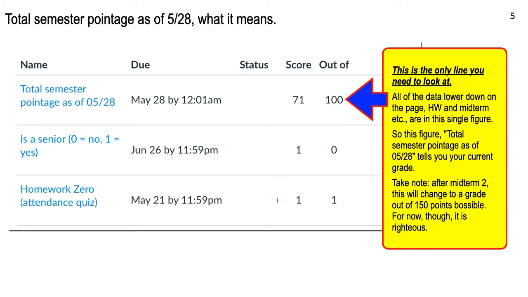It's all summed up in there. I've summarized all of it into this first line at the top, total semester pointage as of May 28th. That's the line that you want to look at.